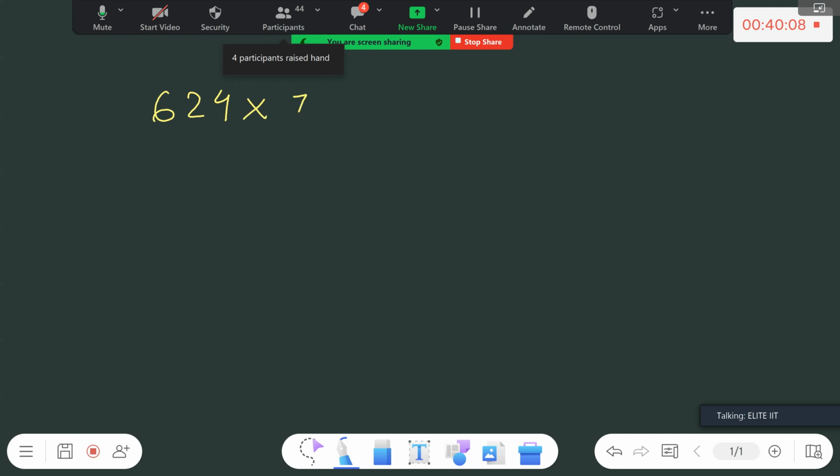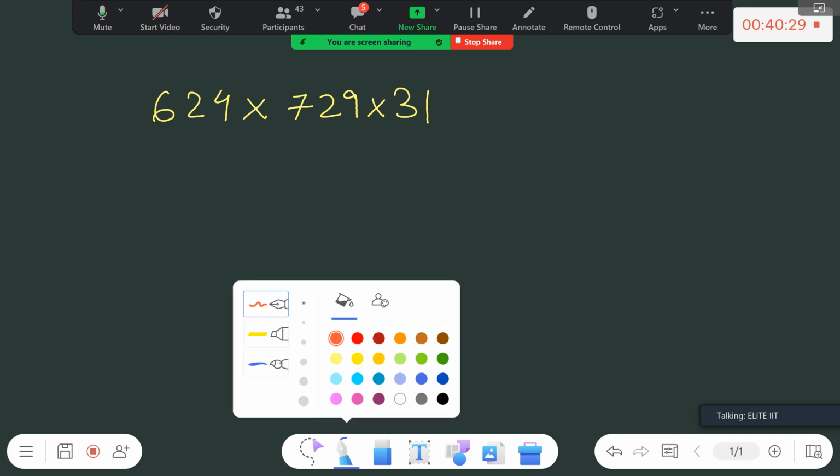Let's say 624 into 729 into 31. So what is the unit digit after you multiply them? You know what is unit digit?